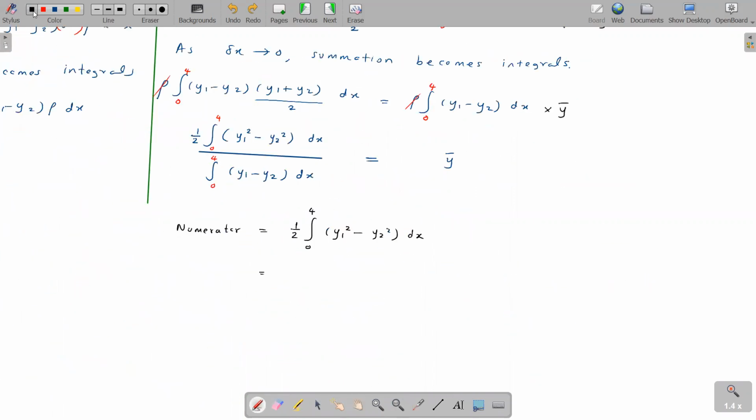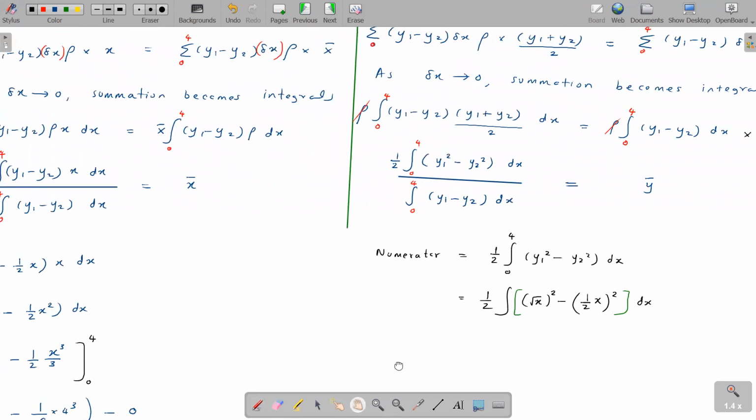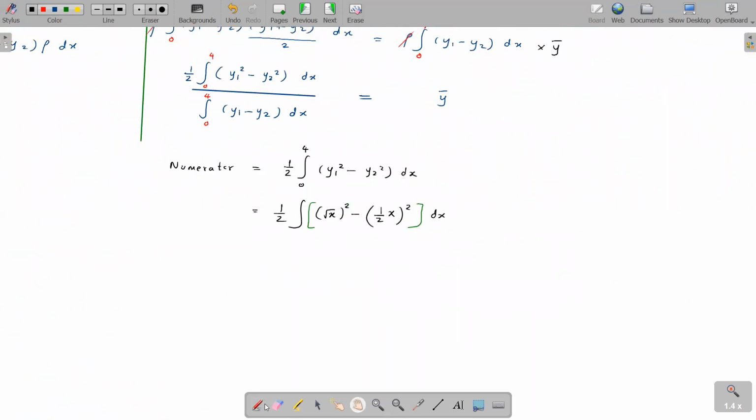So y1 is root x, where y2 is half x, square, with respect to x. Root x square is x, half x square is 1 over 4 x square. Limits 0 to 4.